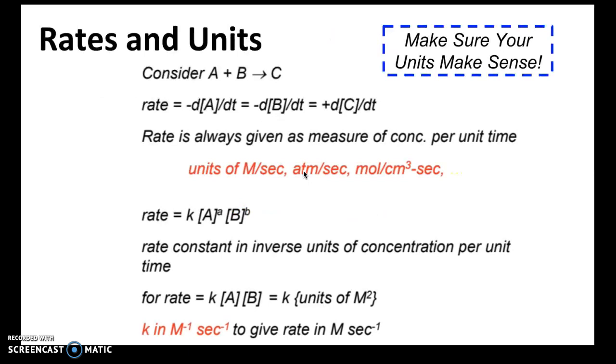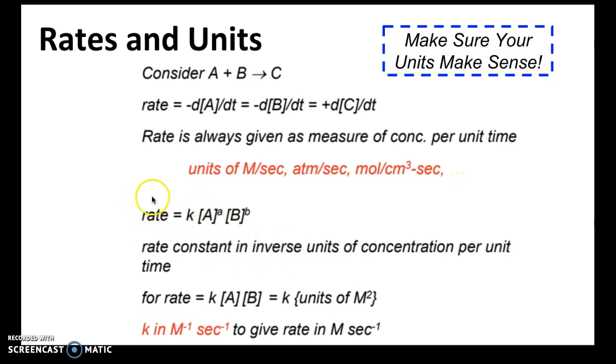Now, remember before I said that the units are important, and you want to make sure that your units make sense. So rate itself is always measured in concentration per time, so molarity per second, atmosphere per second, etc. And the rate constant is going to be the inverse units of concentration per unit time. What does that mean?